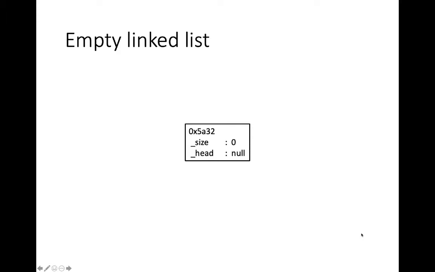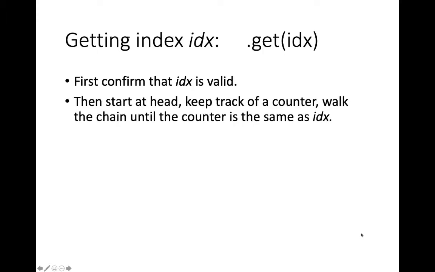So that's fairly straightforward, hopefully. Now let's think about what happens when we want to get a particular index. Remember, that's one of the operations that a list needs to be able to do. When we have a linked list, the algorithm for getting an index IDX is first to confirm that IDX is valid.